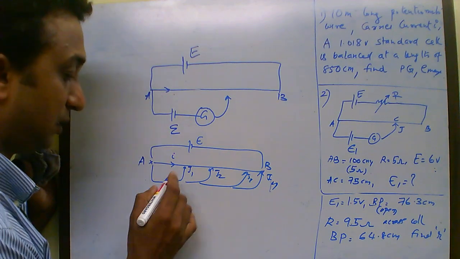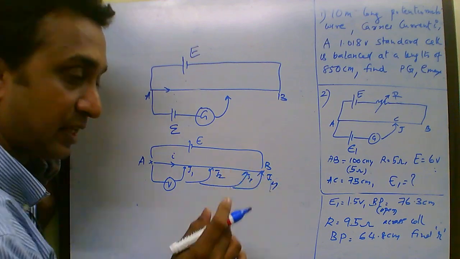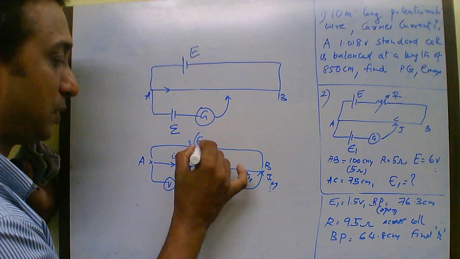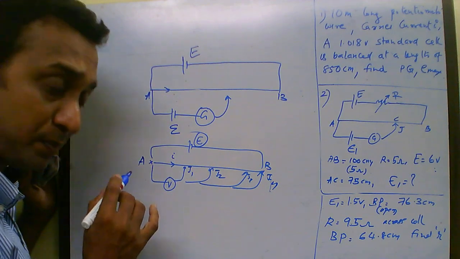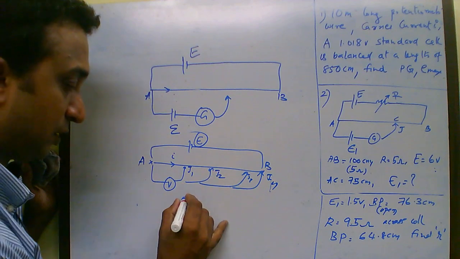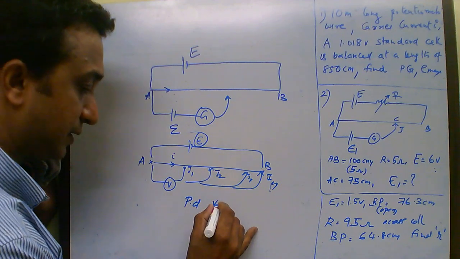And when the jockey is at the extreme end, you get a value similar to what is provided by the cell. So as you move across the length of the wire, the potential difference varies.